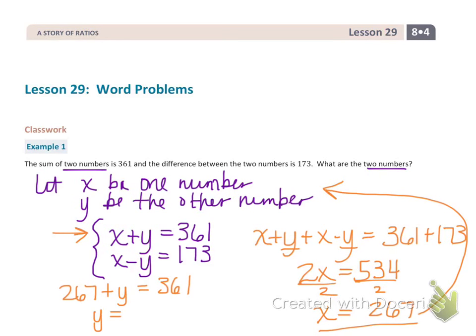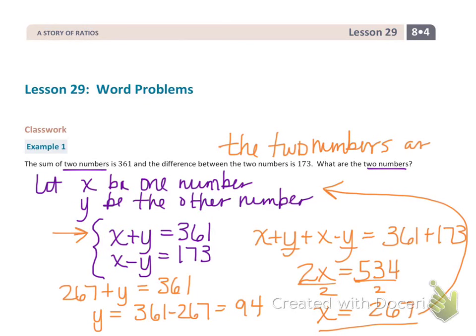So y is equal to 361 minus 267, which is 94. Okay, so our solution here, the two numbers, are 267 and 94.